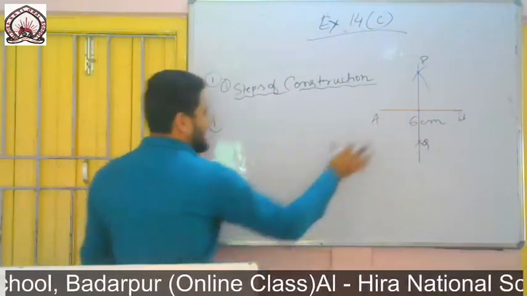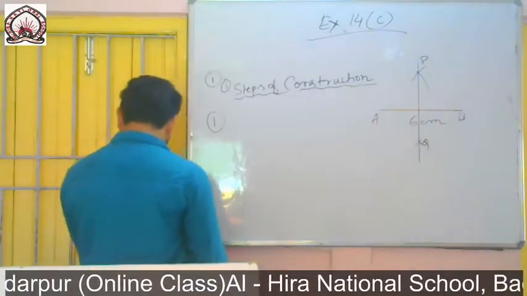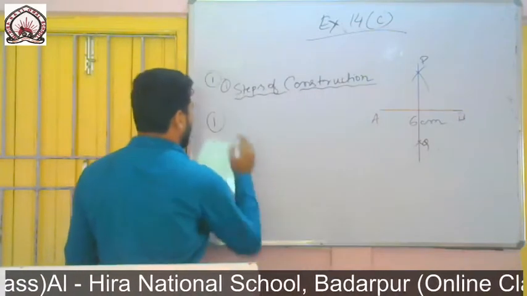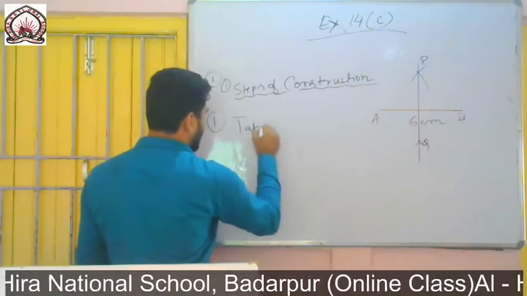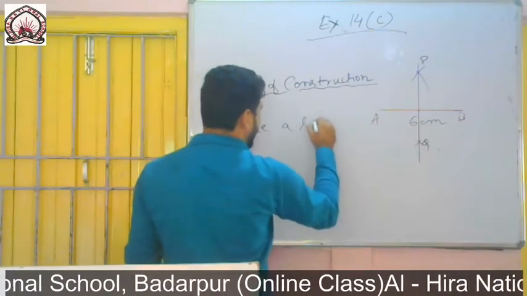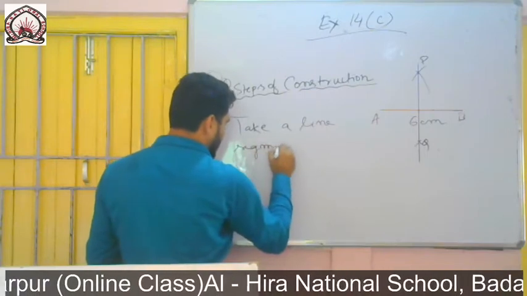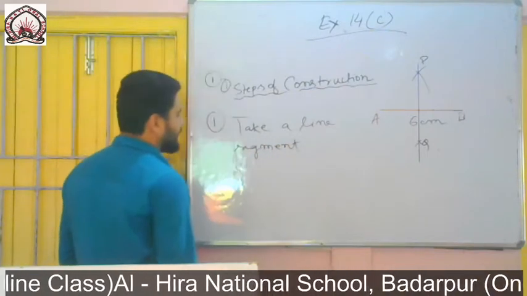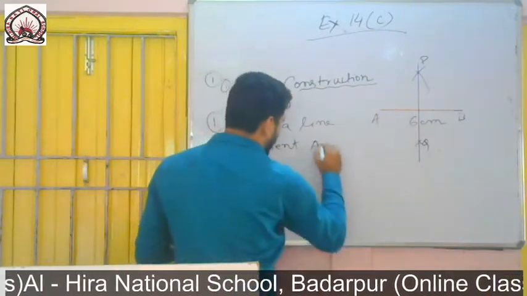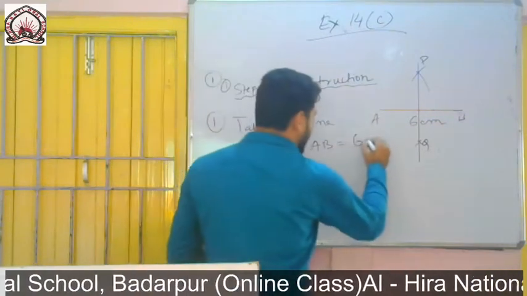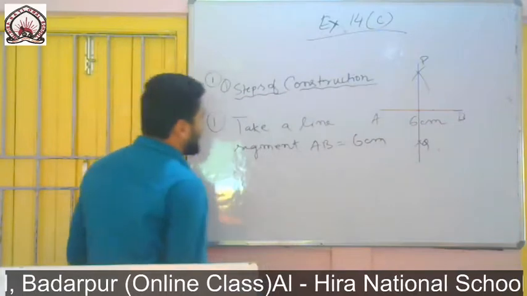First you write: take a line segment AB equals 6 centimeter. It is given in your question.